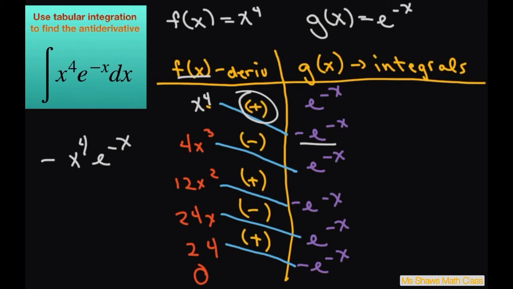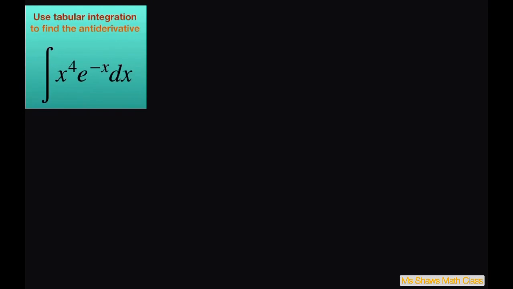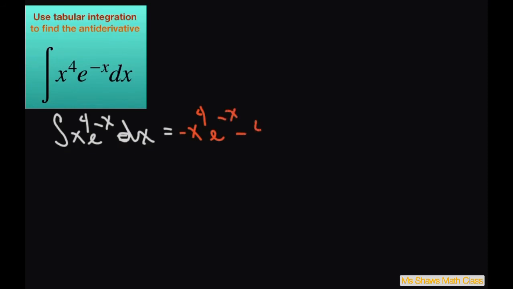And what we'll get is our integral of x to the fourth e to the negative x dx equals negative x to the fourth e to the negative x minus 4x cubed e to the negative x minus 12x squared e to the negative x minus 24e to the negative x plus c.